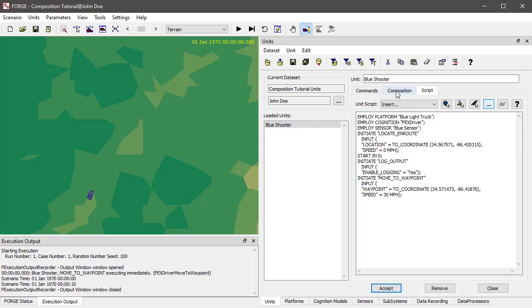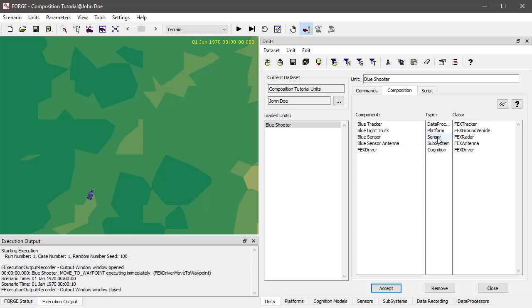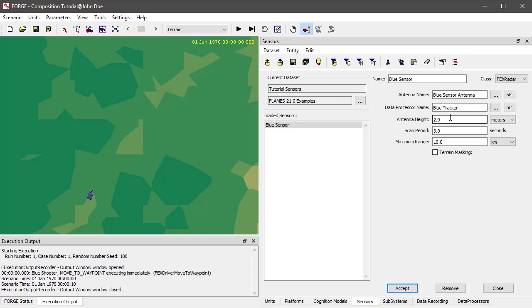And so now I go to my composition, and you're going to see I get 3 models attached to this unit. The sensor itself got cloned, and then the sensor referred to meta objects here of a data processor and an antenna.